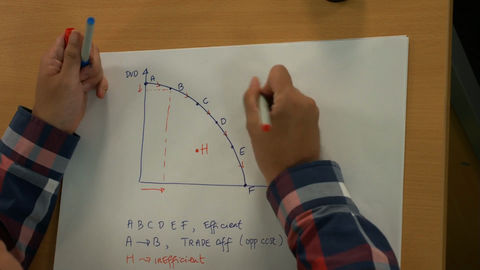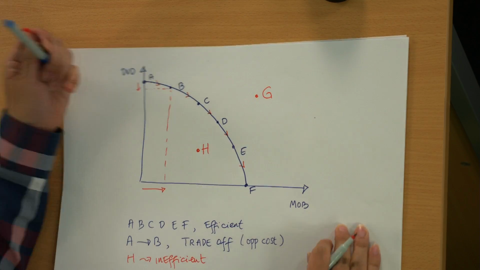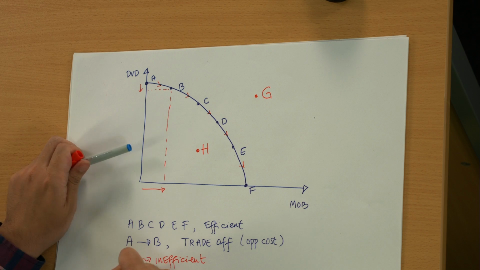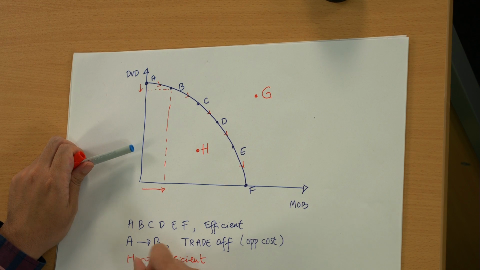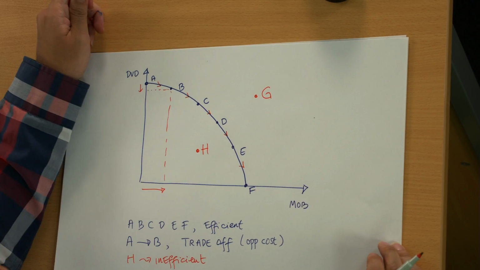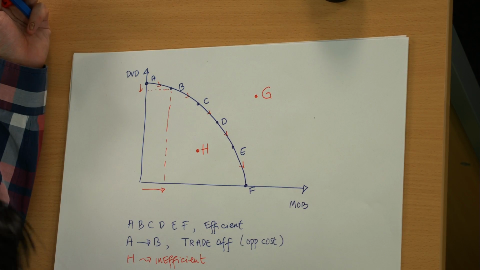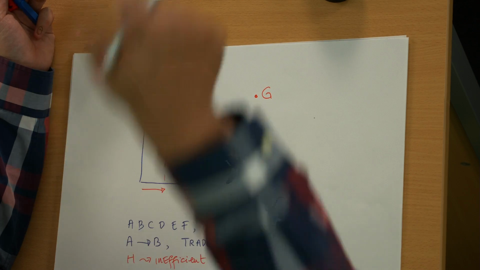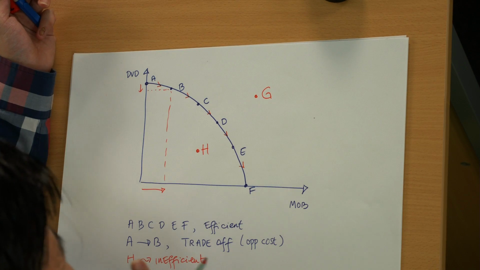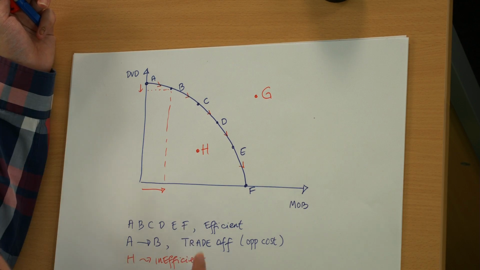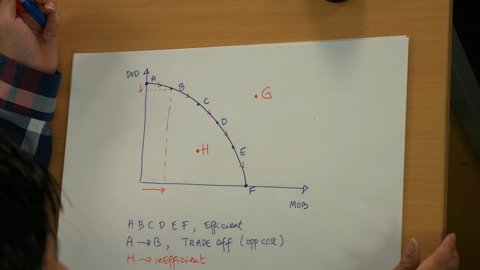Point, just say point G. What do we call that point, guys? Sorry, that's unattainable. Unattainable. Okay? Any points along the PPF curve, efficient points. Inside the PPF curve, attainable, but you are being inefficient.